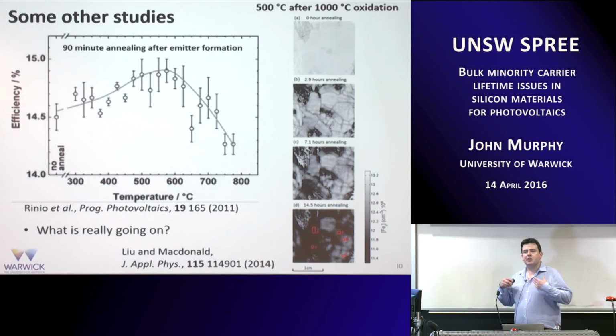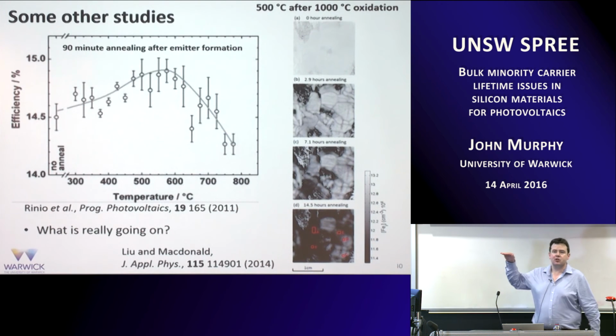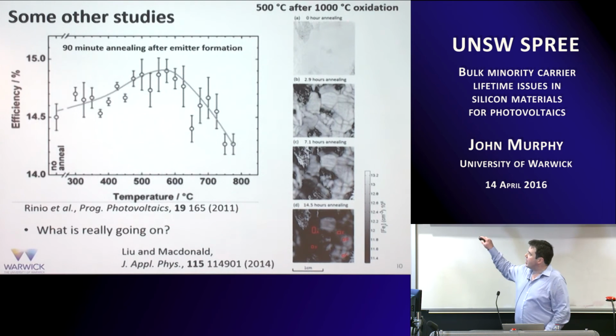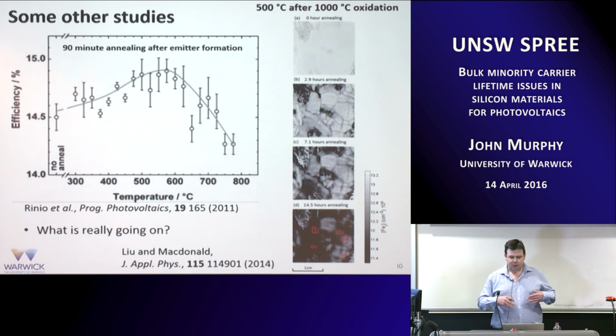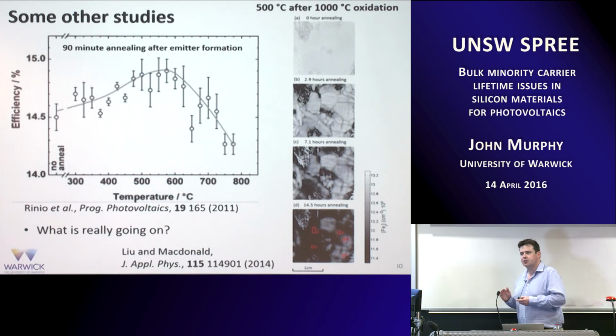So you had a combination of internal and external gettering because you had an emitter on. The ANU work, again, was good work, but it was done after a high temperature oxidation. And so starting the process actually to do the passivation changed the distribution of impurities. So actually, I don't think there's a very complete study of internal gettering in multicrystalline silicon. So what we aim to do is try and work out what's going on exactly.